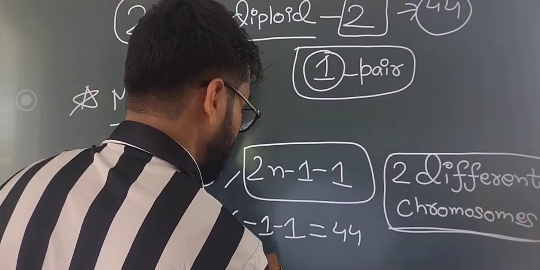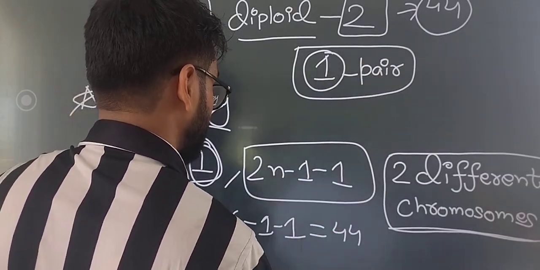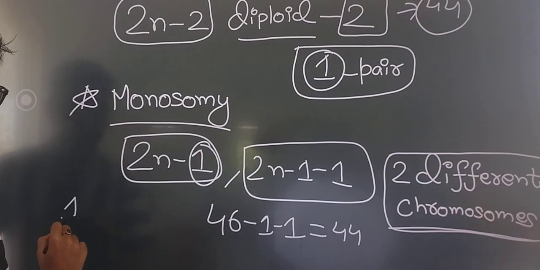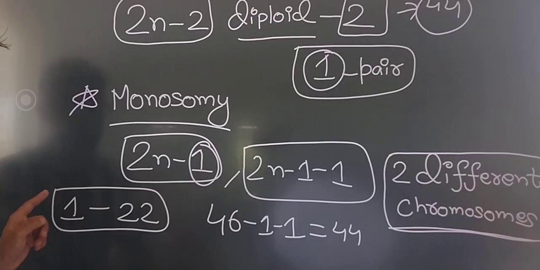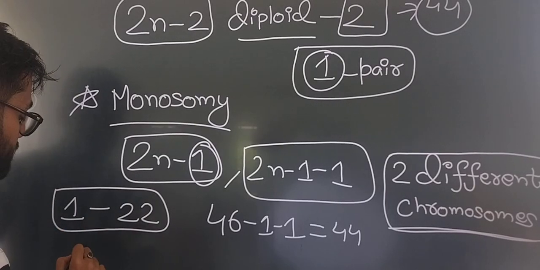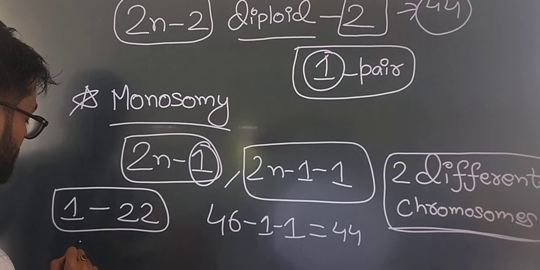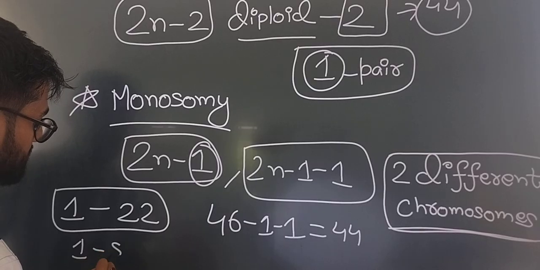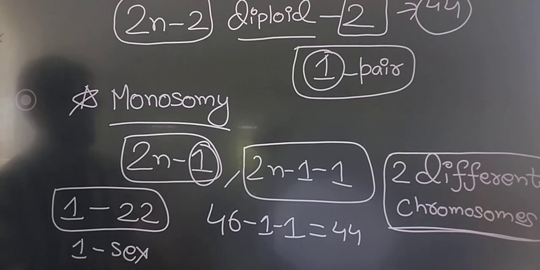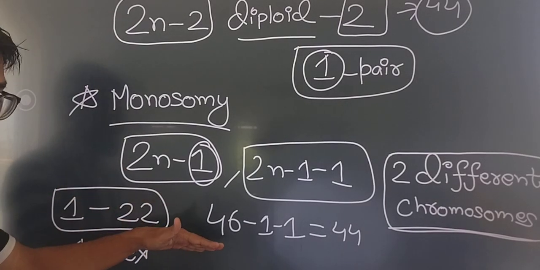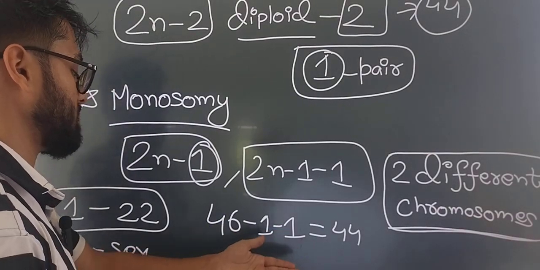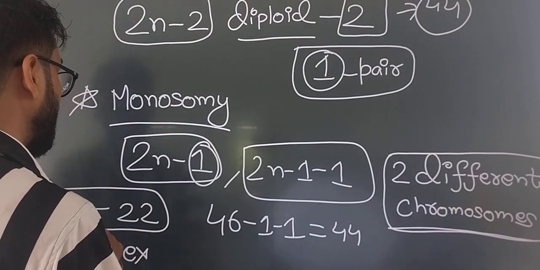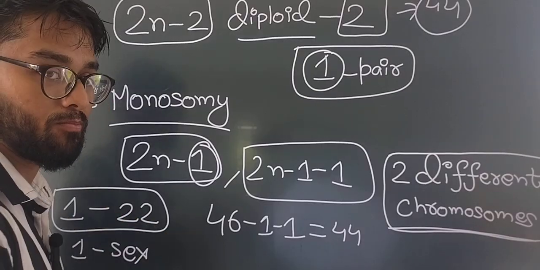However, in this case, 2 different chromosomes are removed. You have 1 to 22 pairs of chromosomes, and the last one becomes your sex chromosome, correct? This makes you 46. But in a monosomic condition, you simply remove just a single chromosome out of the 1 to 22 pairs.